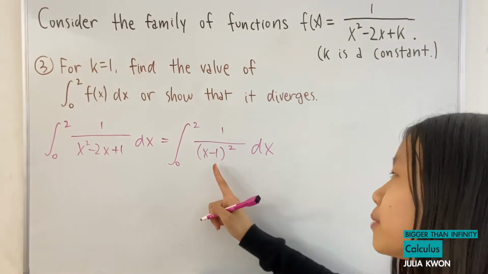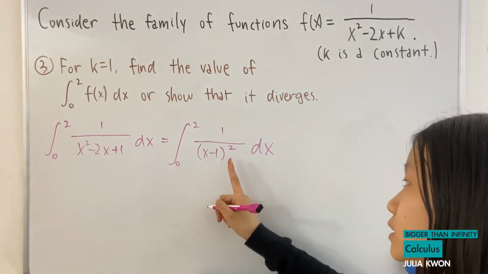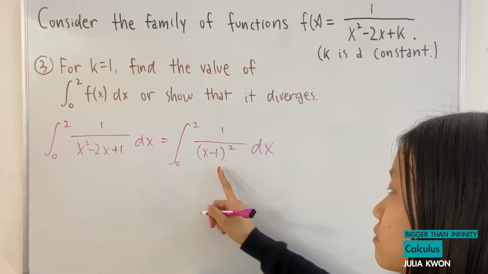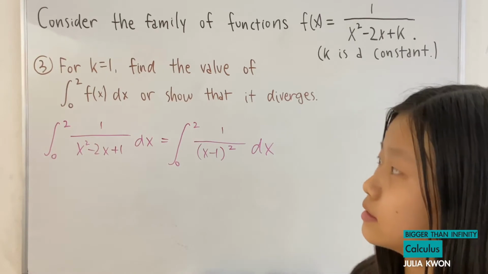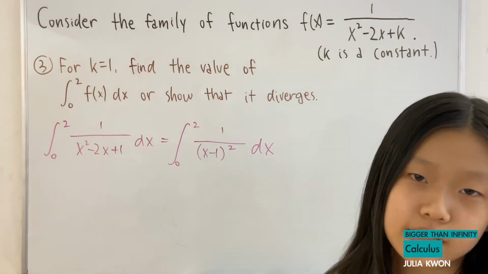As you can see, if we put x equal to 1 into this function, then we would get 1 over 0, which is infinity. It does not exist.